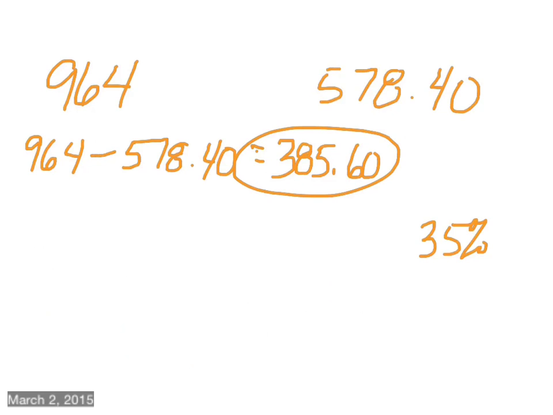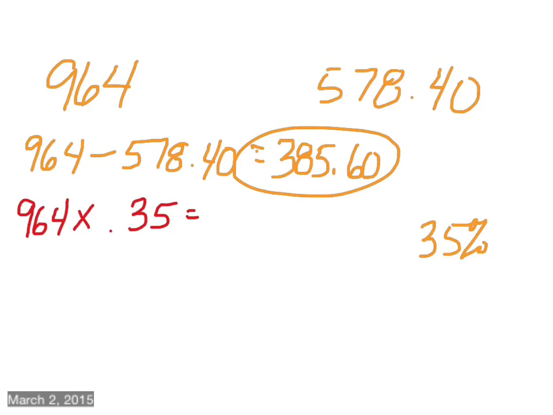Then we need to figure out what that overhead is, and the overhead says 35% of the selling price. So we take the selling price of $964 and multiply it by 0.35.